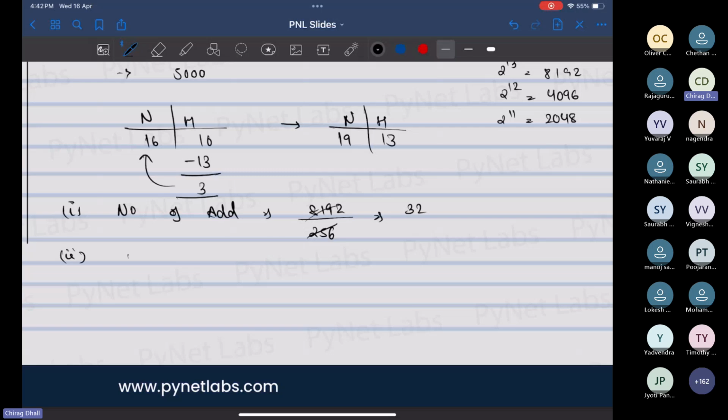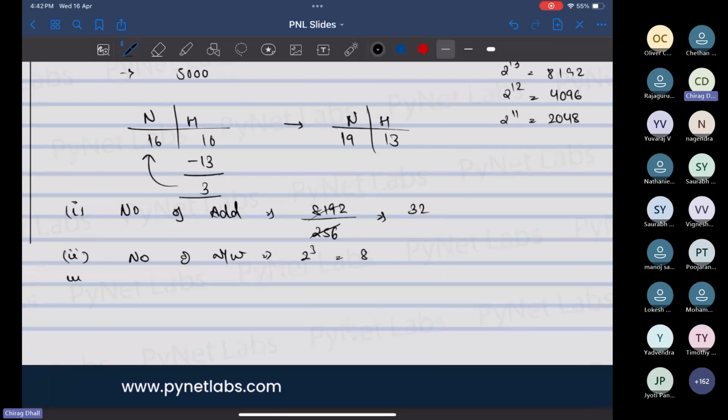Second thing, number of networks, 2 raised to the power 3. That's going to give me 8. Third thing, subnet mask. For 19 bits, it will be 255.255.224.0. I have taught you how to calculate it. So if you have a question, you can put it in the master formula and you will know how 224 is getting as the output, right?